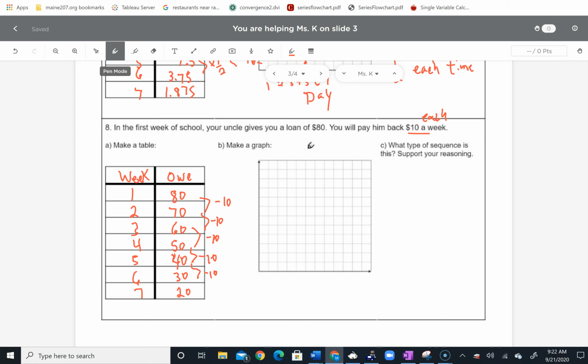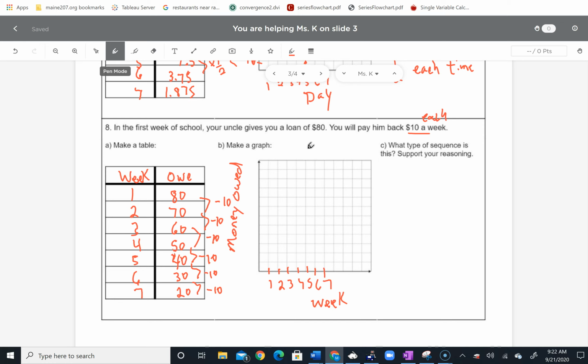Okay, we got a label. Down here would be the week that you have. And over here you have money owed in your loan. So we can say this is a 1, this is a 2, 3, 4, 5, and a 6, and a 7.